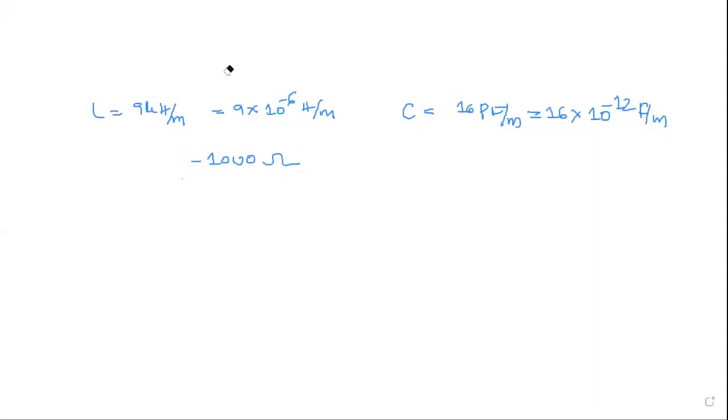Find the reflection coefficient and standing wave ratio.